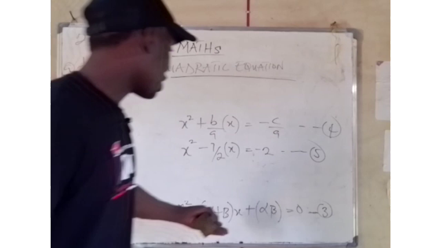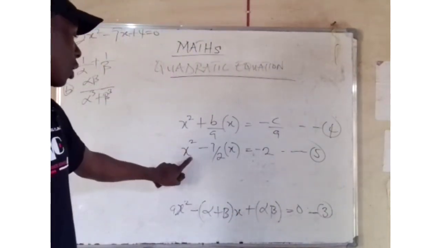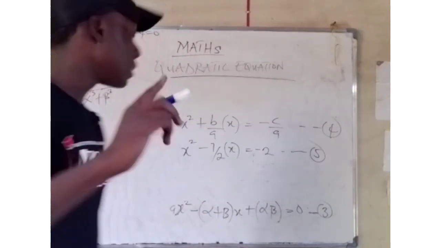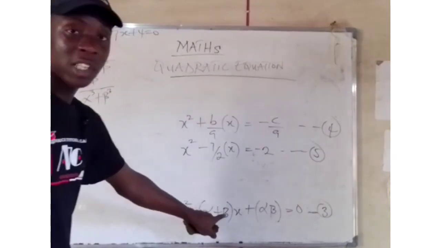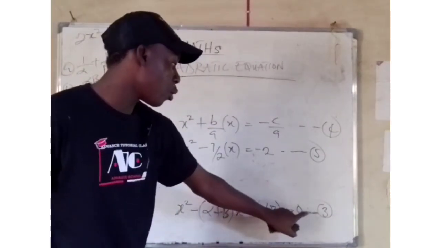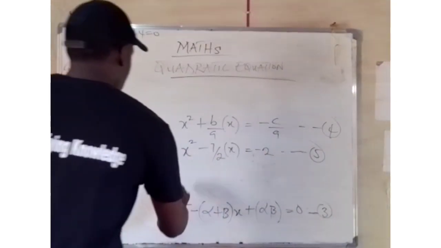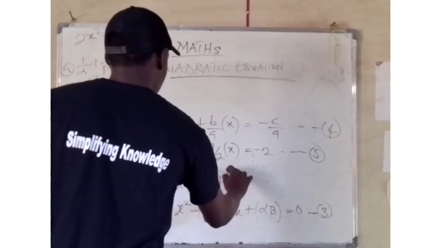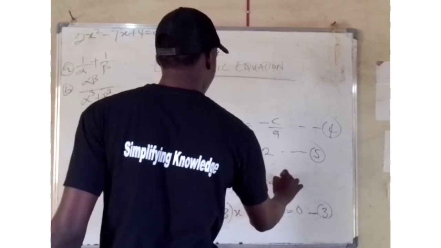Okay, from equation 3, I'll relate it to equation 5. So I'm going to relate equation 3 to equation 5. This is x squared minus (alpha plus beta)x plus alpha beta equals 0. So I'm going to take alpha beta to the right hand side, so it's going to be x squared minus (alpha plus beta)x equals minus alpha beta.